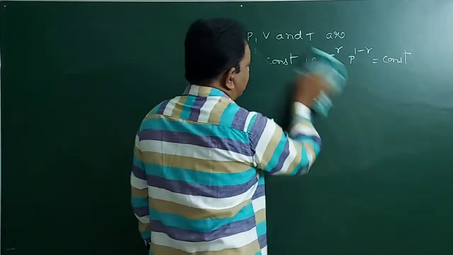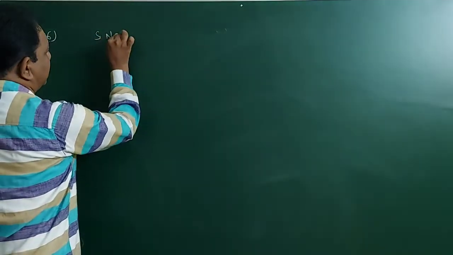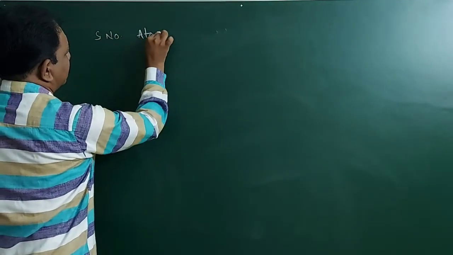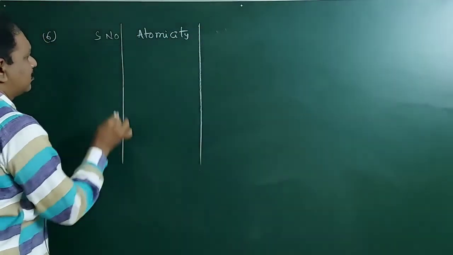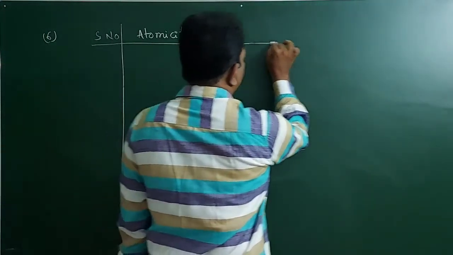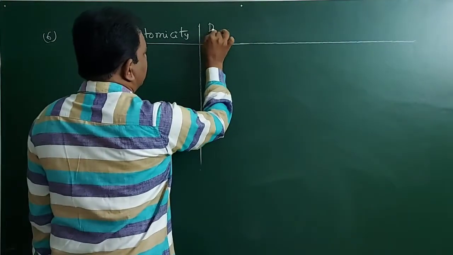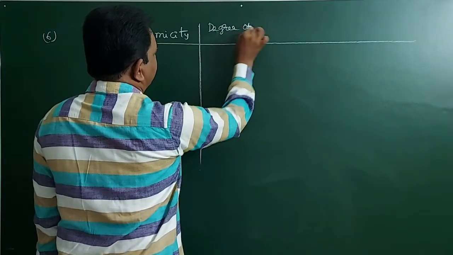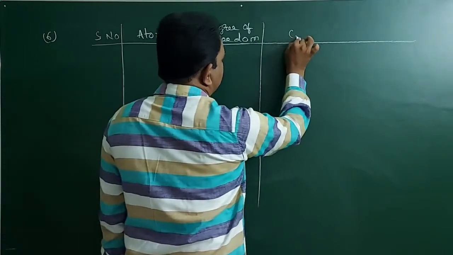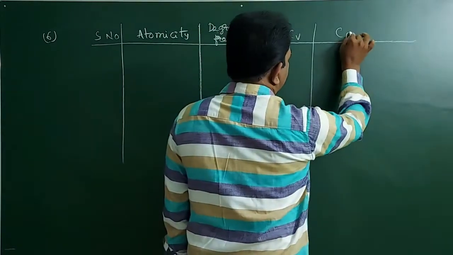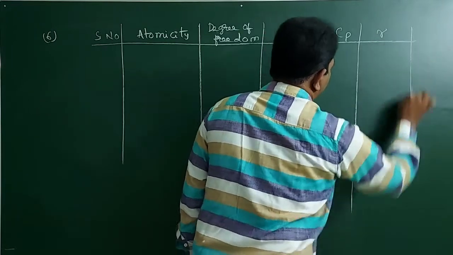And Cp, Cv values will be used in the problems. Sixth one. Serial number. Draw this table: atomicity, degree of freedom, Cv, Cp, gamma.